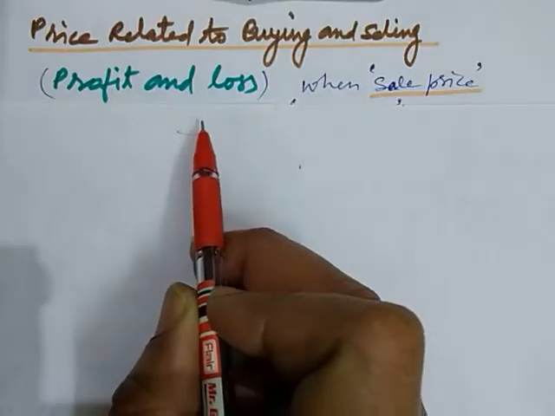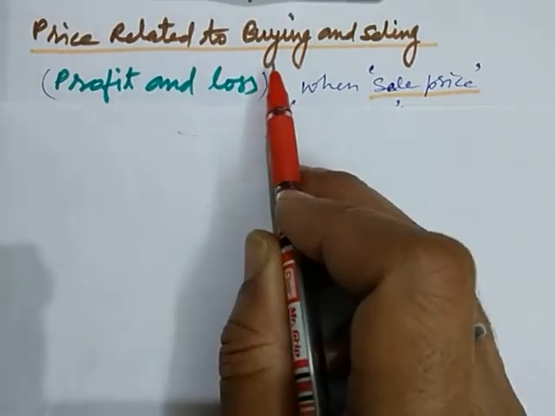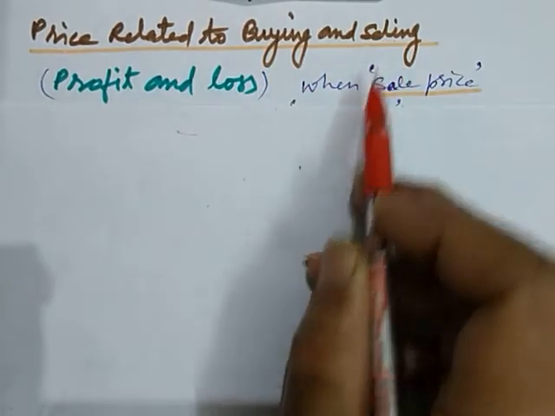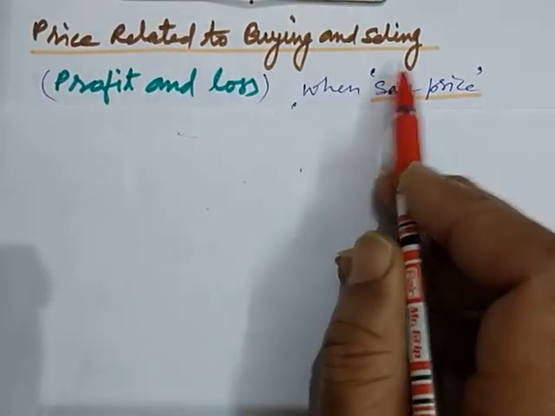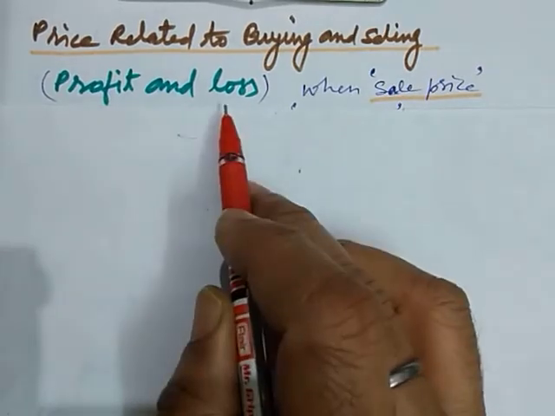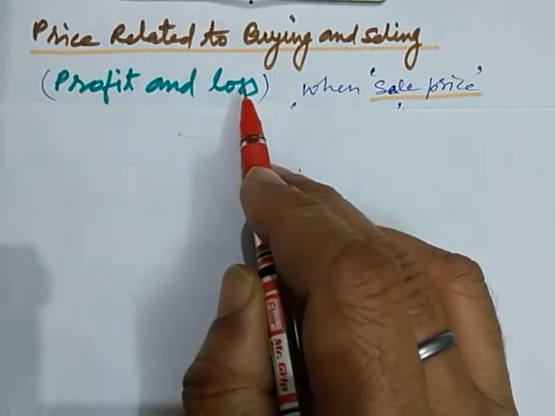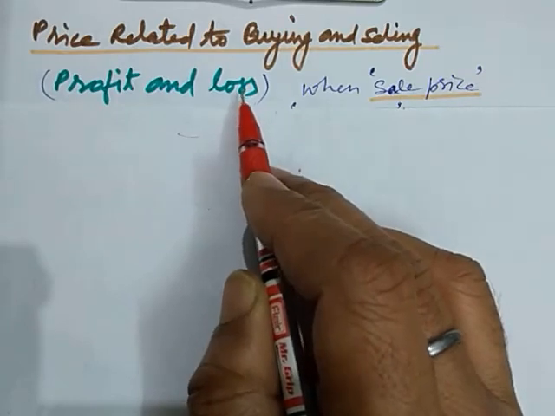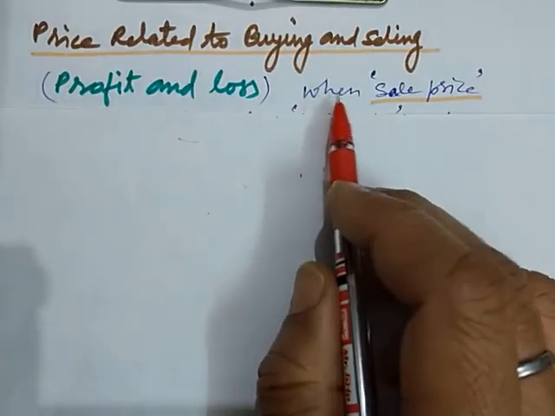Now we learn prices related to buying and selling. If we want to buy something or sell something, then we have to know about profit and loss. But before learning profit and loss, we have to know some technical terms, that is sale price and cost price.